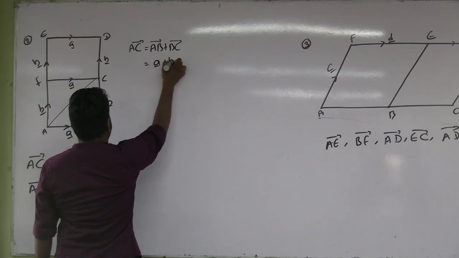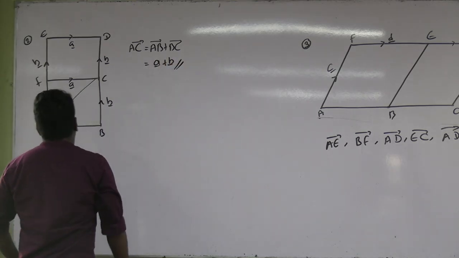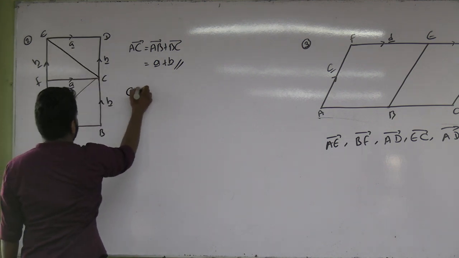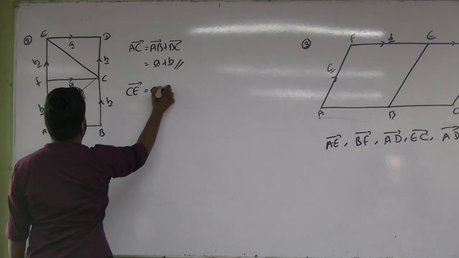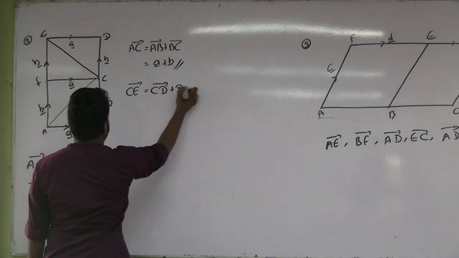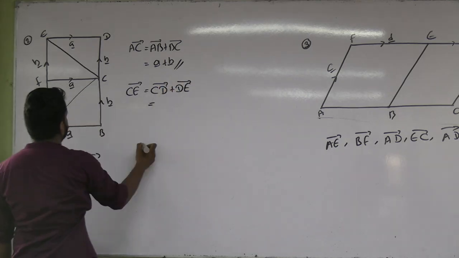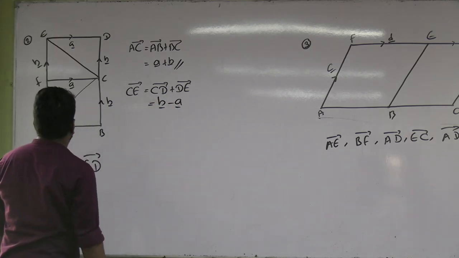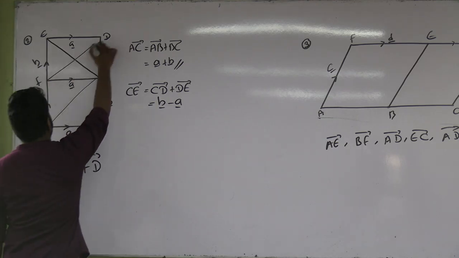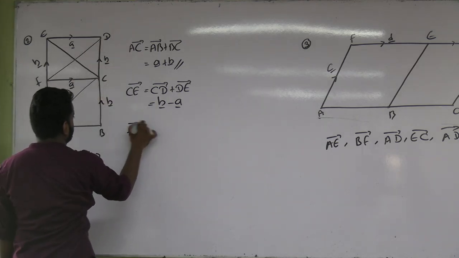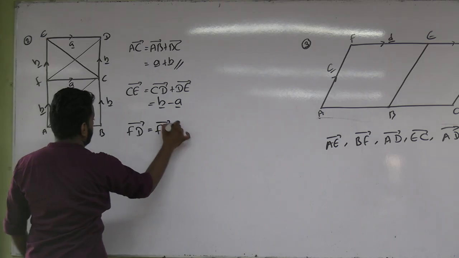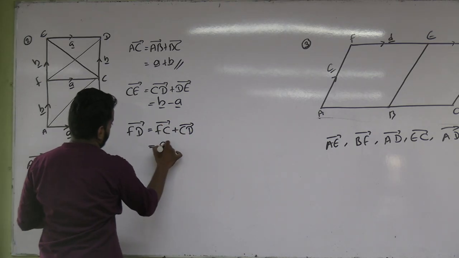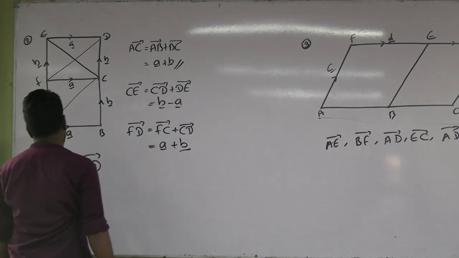This is a simple vector. And then the vector CE. CE is equal to CD plus BE. CD is B minus A. FD. We can write FD equals FC plus CD. So FC is simple A plus B.